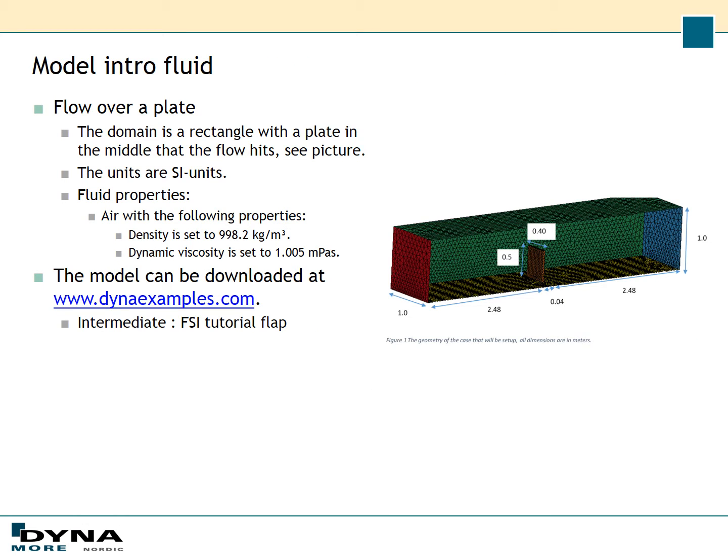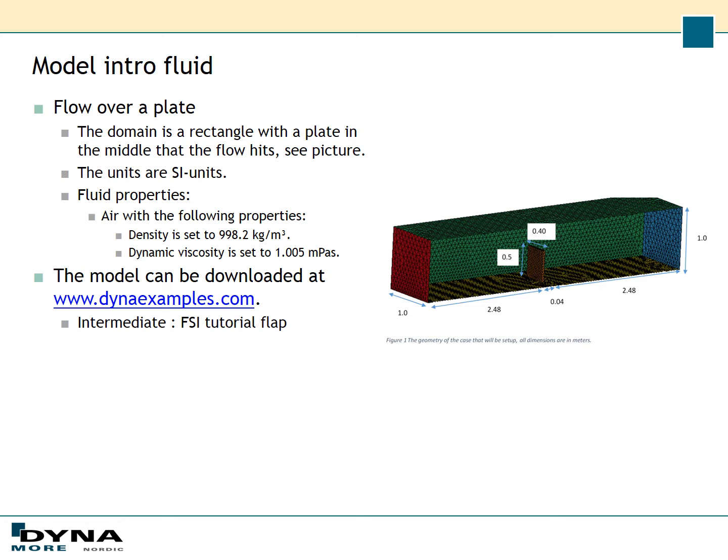The fluid model that will be used is the one that I used in the previous webinar. So it's a flow over a plate. So you have a rectangular domain with a plate in the middle, and the plate will deform due to the flow. And the fluid properties is air, and with the density of 998.2 kilos per cubic meter, and the dynamic viscosity is set to 1.005 millipascal seconds.